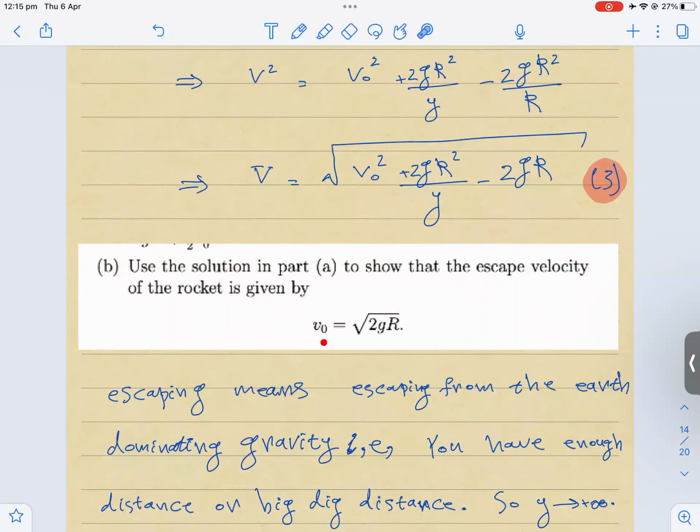Part B. What's this v0? Initial velocity. The velocity of the rocket, space, whatever, I don't know, James Webb space telescope, whatever, goes up, so it should have an initial velocity.